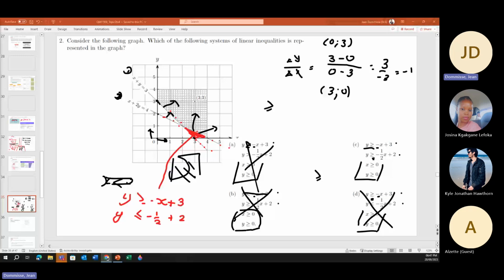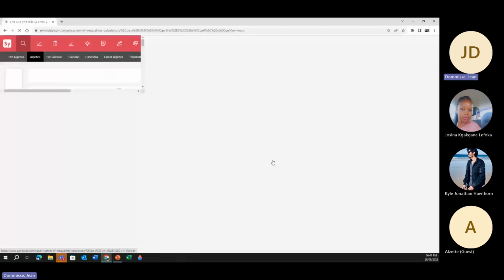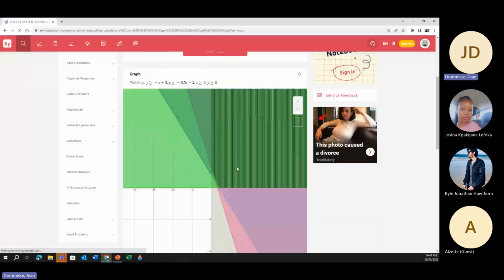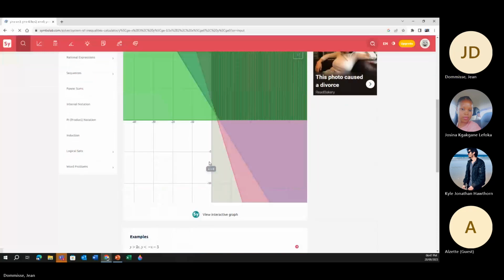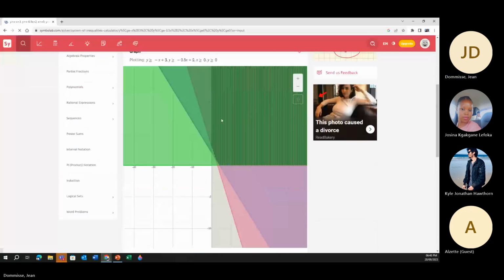Let's quickly check when I include that and I graph it. Okay, so there you will see the area that we are looking at now is the same. Okay, so that is for one.